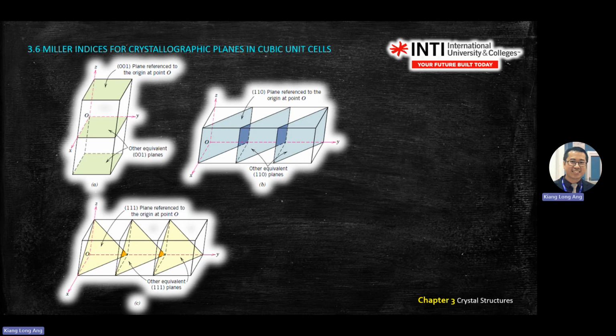This is 0, 0, 1, meaning x infinity, y infinity, and z you move 1 unit. So from the reference point here, you move 1 like that. Okay. And this is the slanted one, 110. This one is 111. So it's at 45 degrees from the chopping plane.